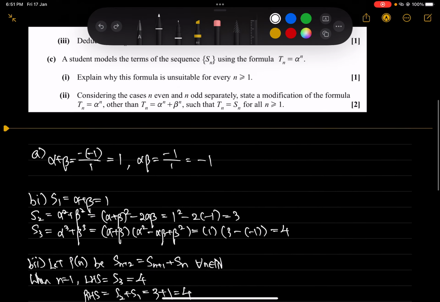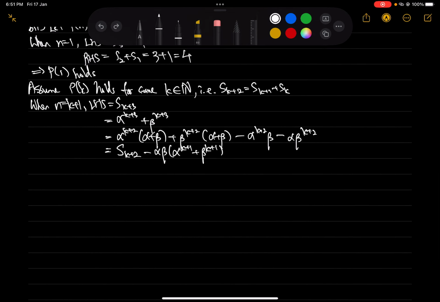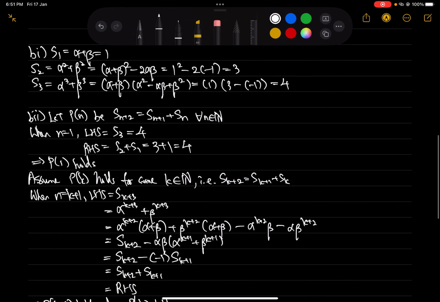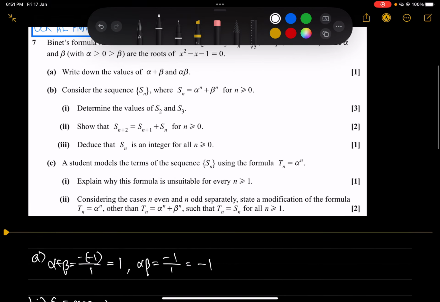And then minus alpha beta is just minus negative 1, which is just S(k+2) plus S(k+1). And we get RHS, which implies this holds when this holds, which implies Pn holds for all n in the naturals. And that's part B2, one of the harder parts of the question.